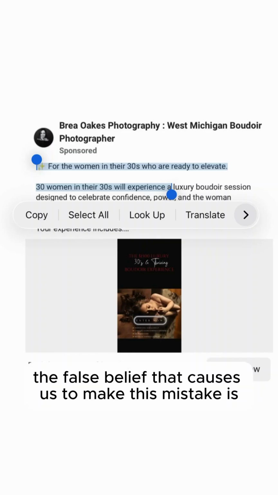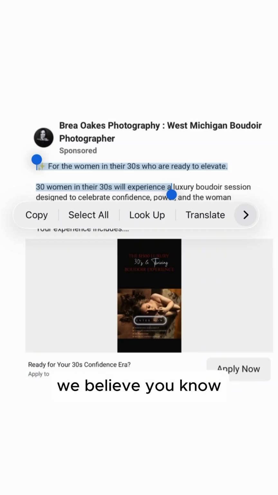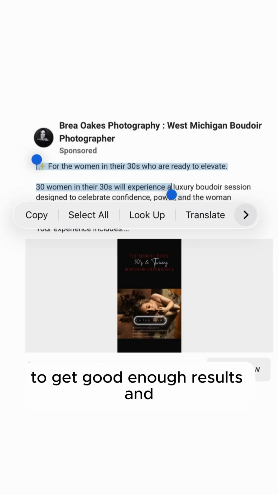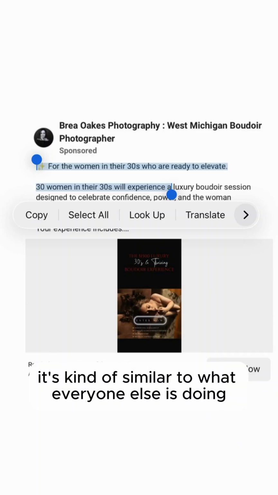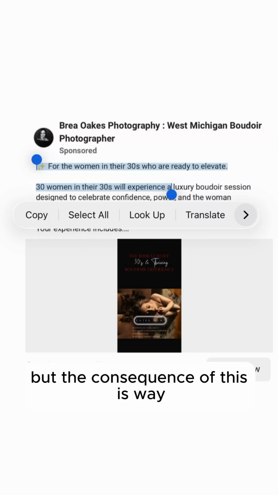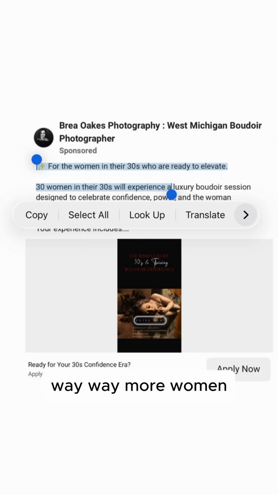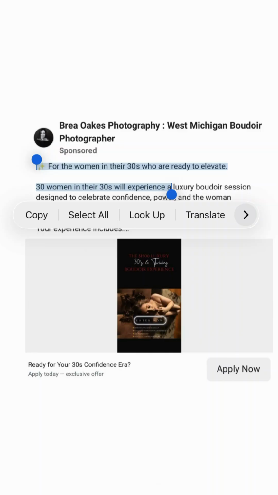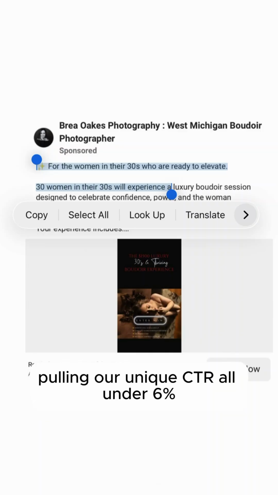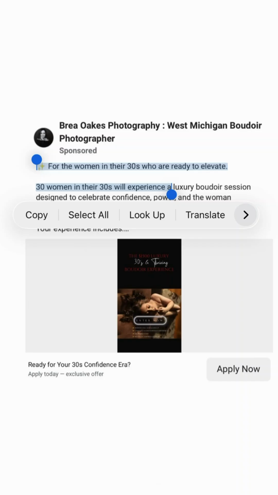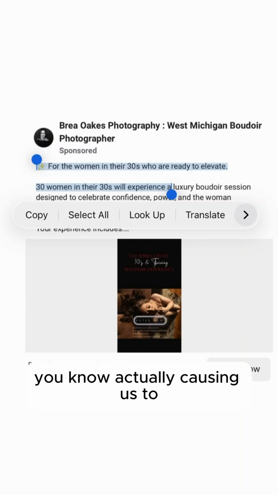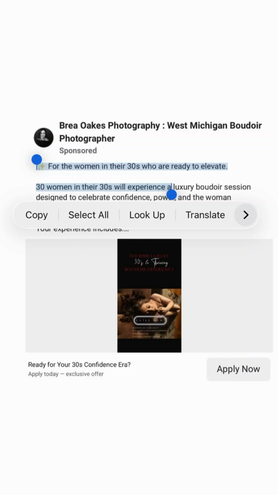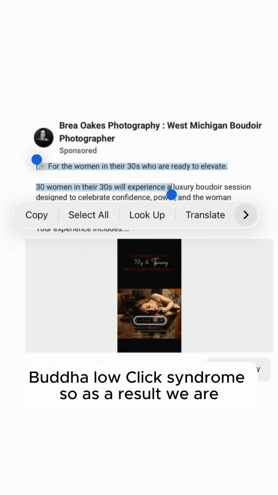The false belief that causes us to make this mistake is we believe we've provided a good enough headline to get good enough results, and it's kind of similar to what everyone else is doing. But the consequence of this is way more women scrolling by our Boudoir Facebook ad than necessary, pulling our unique CTR under 6%, and causing us a higher probability of having BLCS, Boudoir low click syndrome.